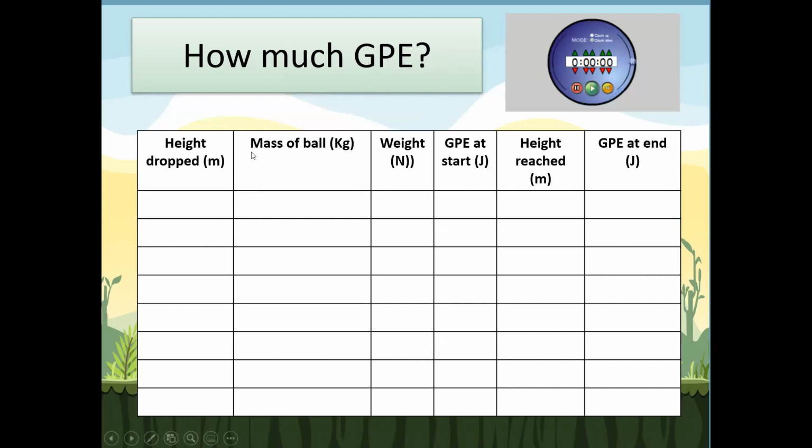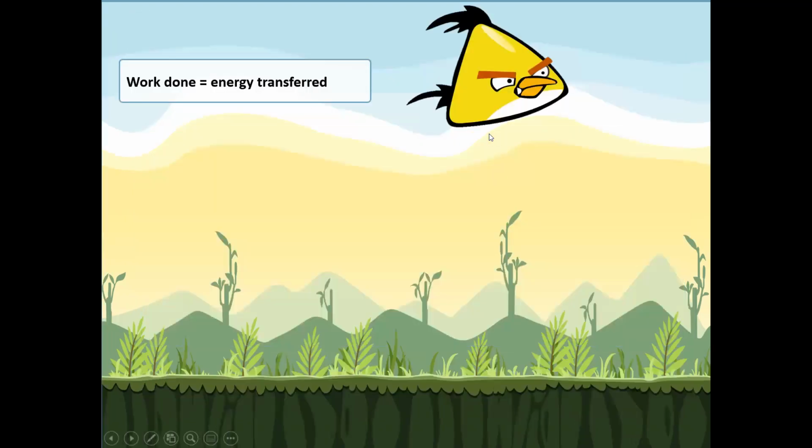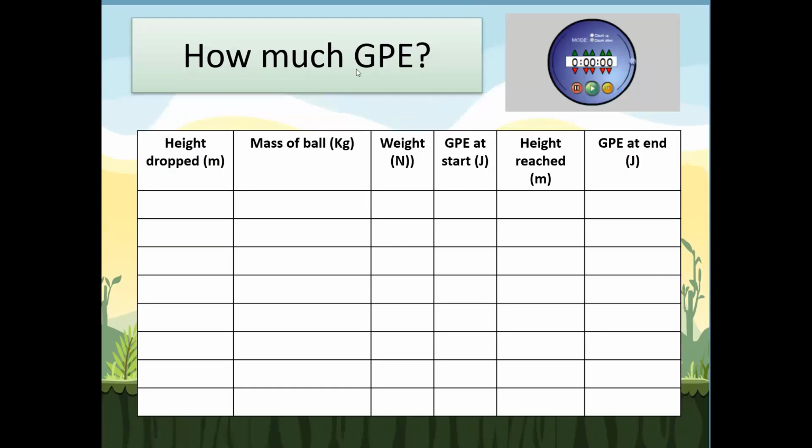Let's assume that the height drop is 10. The mass of the ball is 10. So mass, to get the weight, you times it by gravity, which is 10 newtons basically.